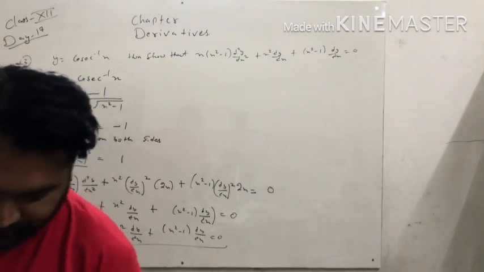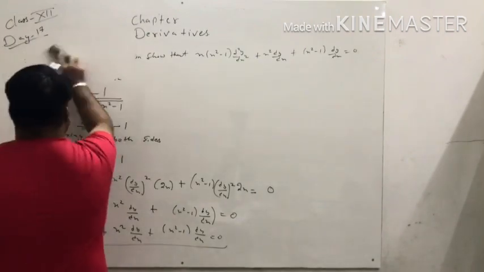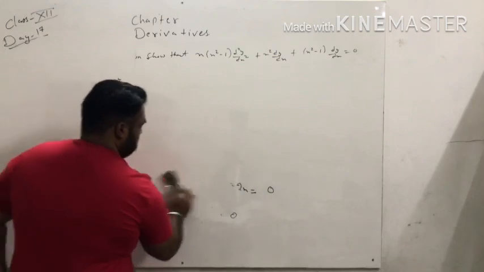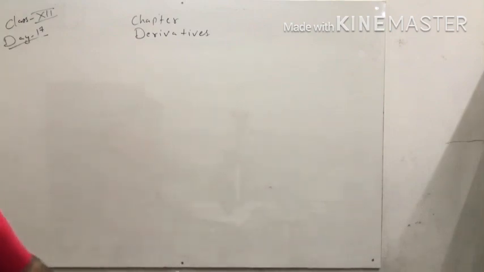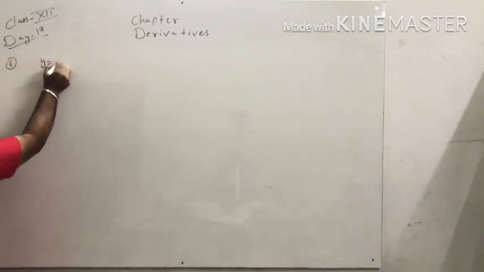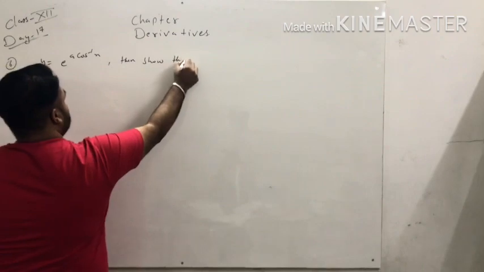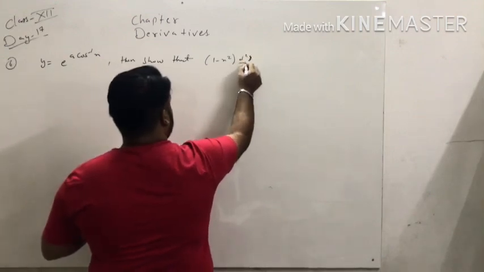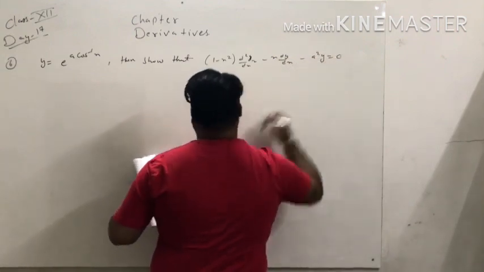So the question number 4 is the 6th question. y equals to a cos inverse x, then show that 1 minus x square d square y upon dx square minus x dy/dx minus a square y equals to 0.